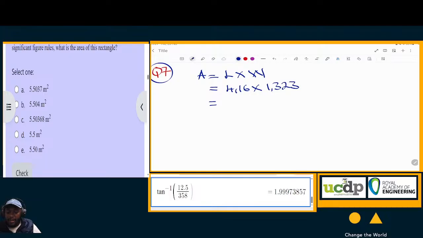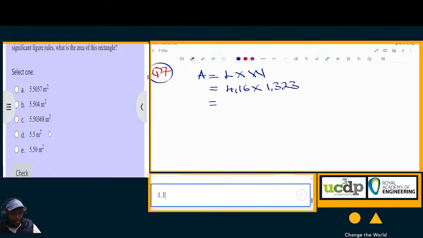If you punch that, what do you get? 4.16 multiplied by 1.323, we get 5.50368.